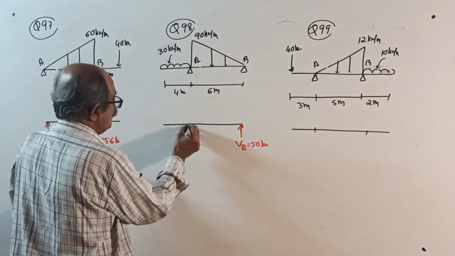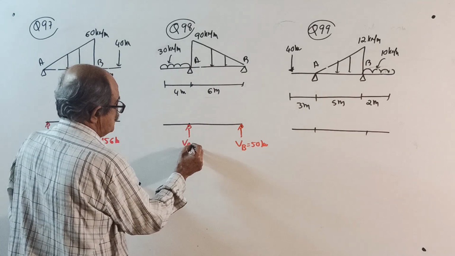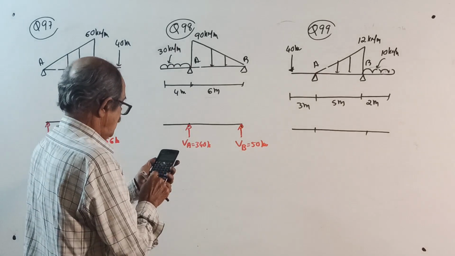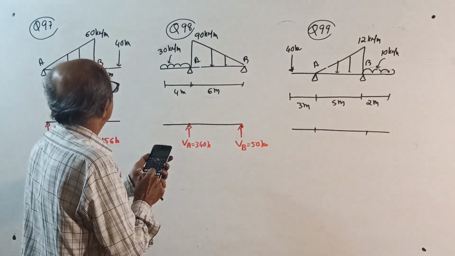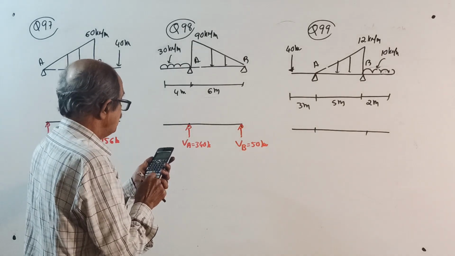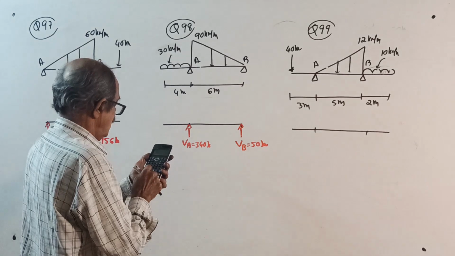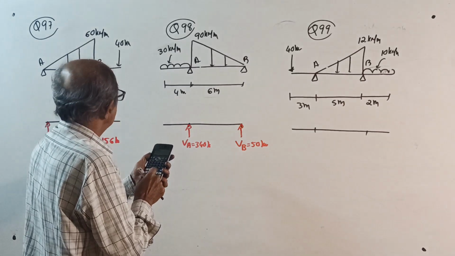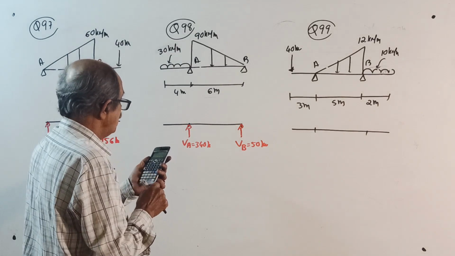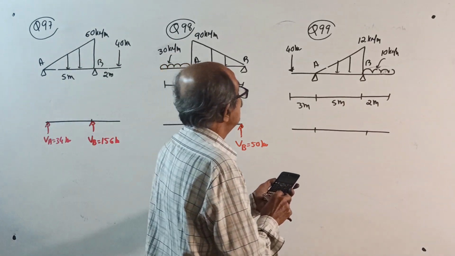VA 340 kilonewton. Answer to be checked. 90 into 3 into 4 plus 30 into 4 into 8 divided by 6. No, wrong. 90 into 3 into 4 plus 120 into 8 divided by 6. 340, correct. Here.